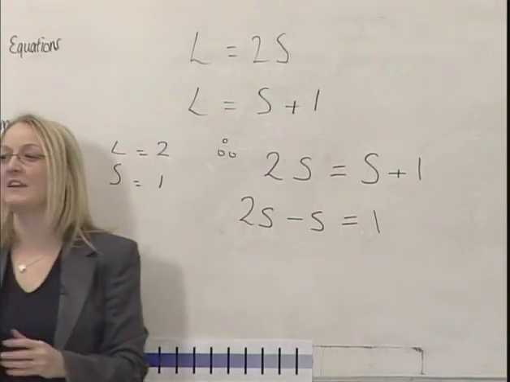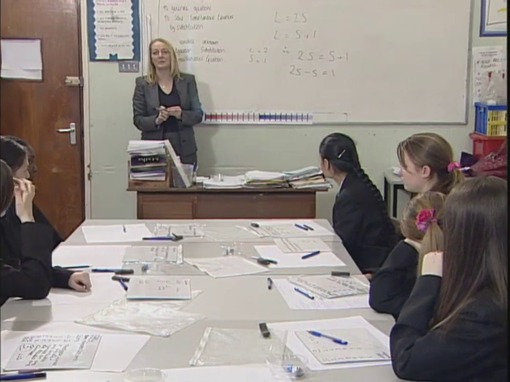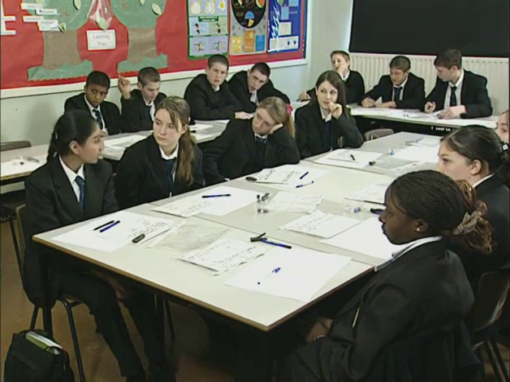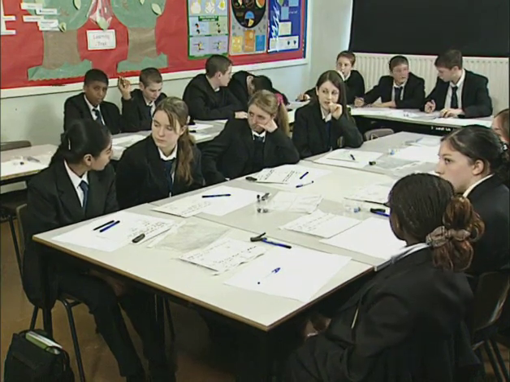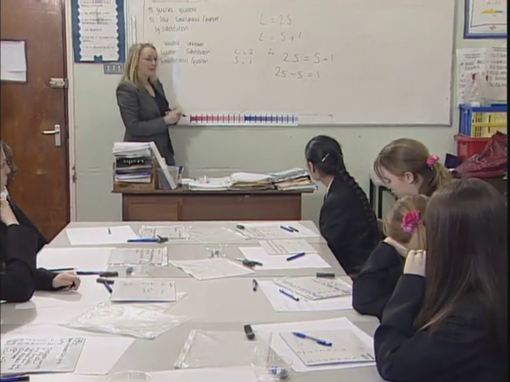What would the next line of my modelled answer be? 5 seconds. What would the next line of my modelled answer be? The next line. Sandeep, what would the next line be? 2 equals 1S, I think. Okay.